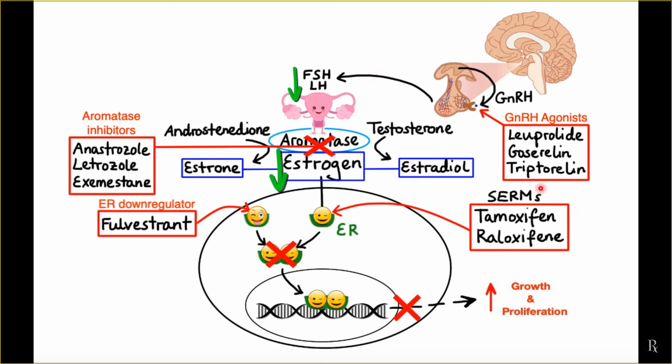And we can use drugs leuprolide, goserelin, and triptorelin that are gonadotropin releasing hormone agonists, and they desensitize the receptor for the gonadotropin releasing hormone, and that will lead to the decrease of the action of the gonadotropin releasing hormone and less follicular stimulating hormone and luteinizing hormone production and release, and that will decrease estrogen production.